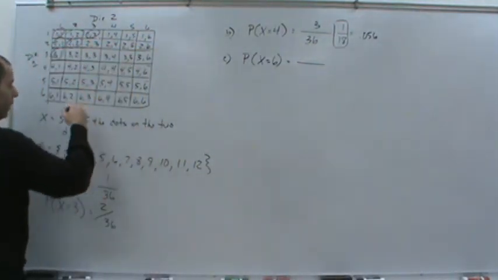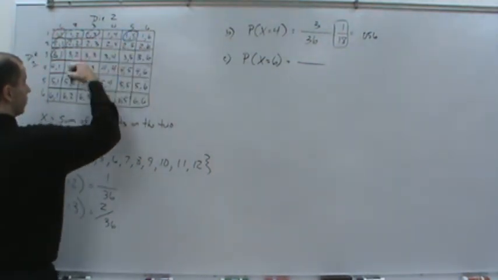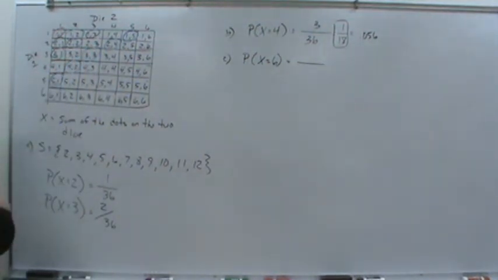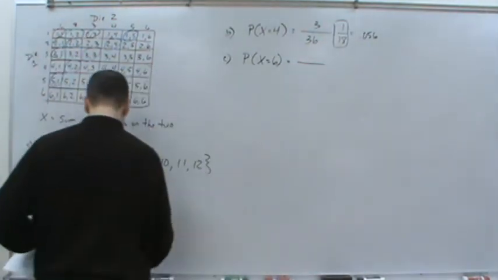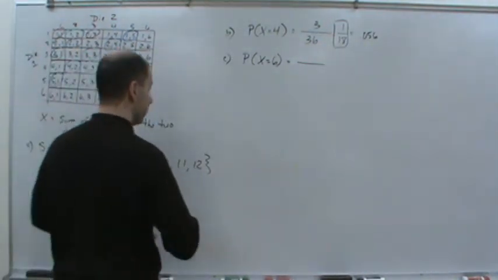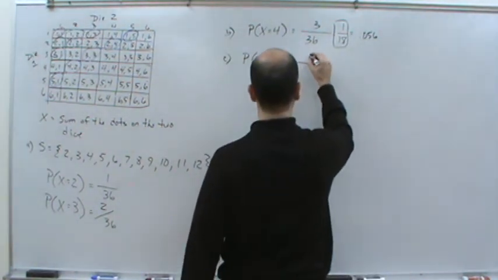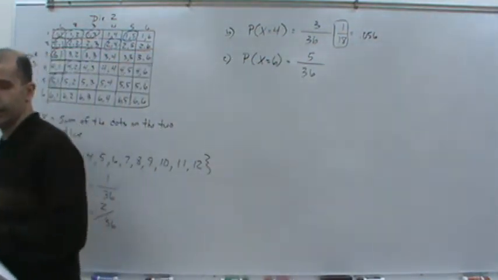So look at it, 6. 1 and 5, right? So then if I go down the diagonal or across, it's going to be those 5, okay? So in other words, the probability of getting a sum of 6 after one roll would be 5 out of 36. Okay?